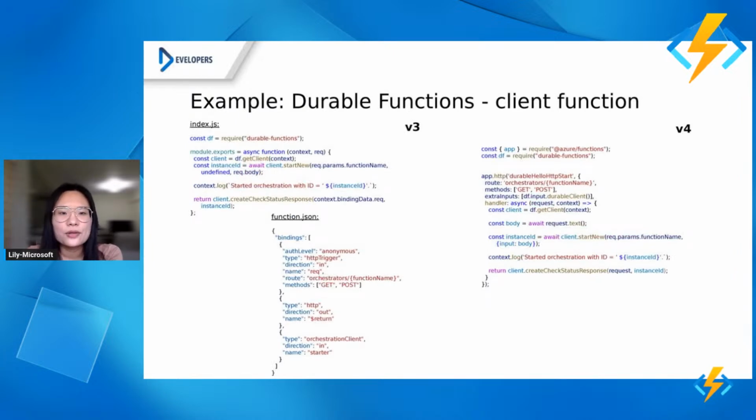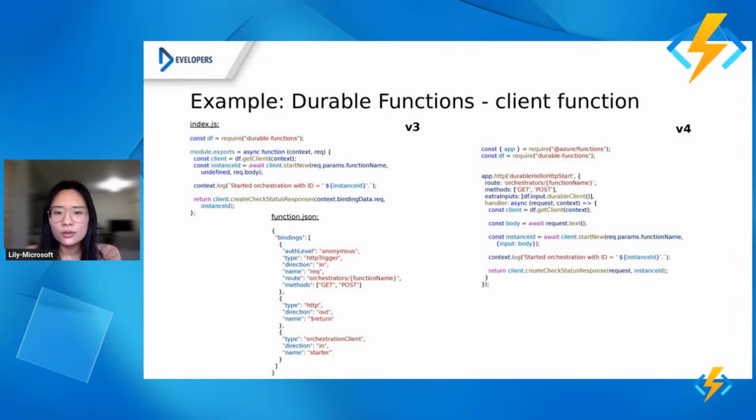And the last example is a client function for durable functions. So the client function is the function that will start your durable functions orchestration. And in this case, we are using an HTTP trigger to start the orchestration. And that's why in the function.json file, you see type is HTTP trigger. And then also the last section, you see that we're specifying as an input type orchestration client.